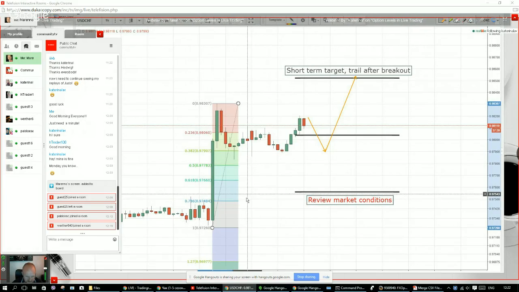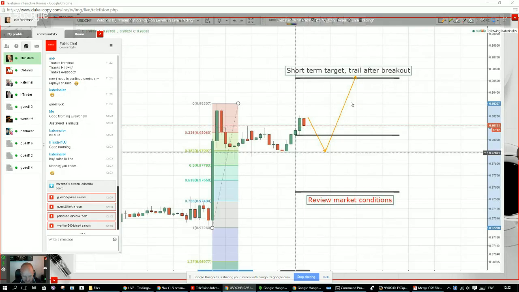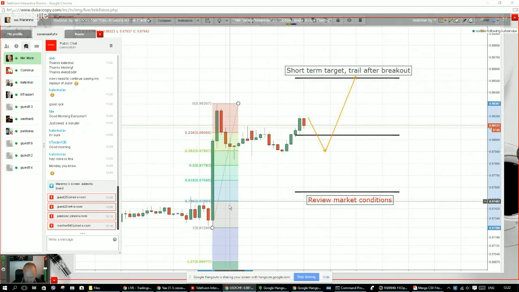So before this level is reached, we are expecting the price to continue its up movement. But when this 78.6 level is reached, we always have to leave our mind open for a possible reversal as well.